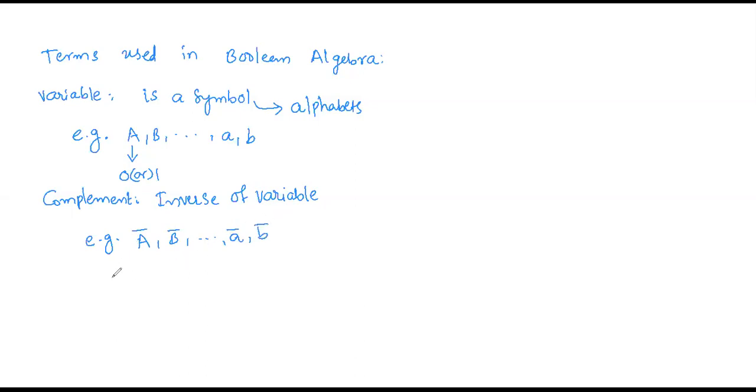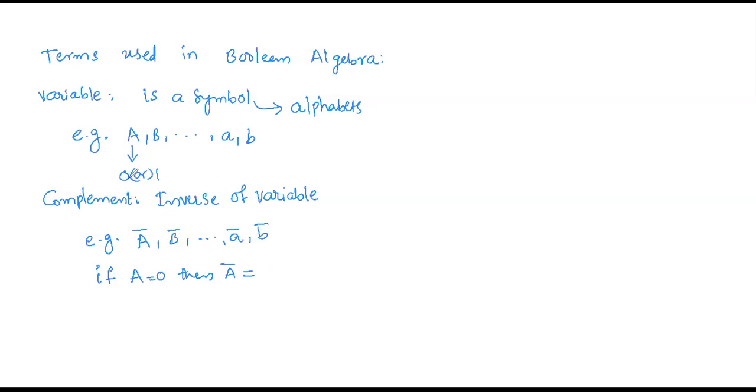Now, if A is equal to 0, then the complement of A, that is A bar, will take the opposite value.